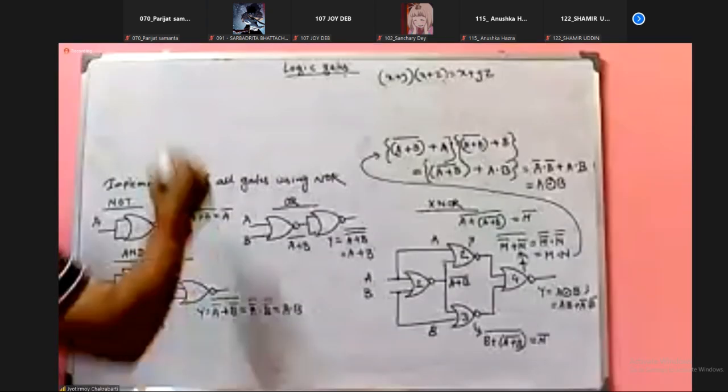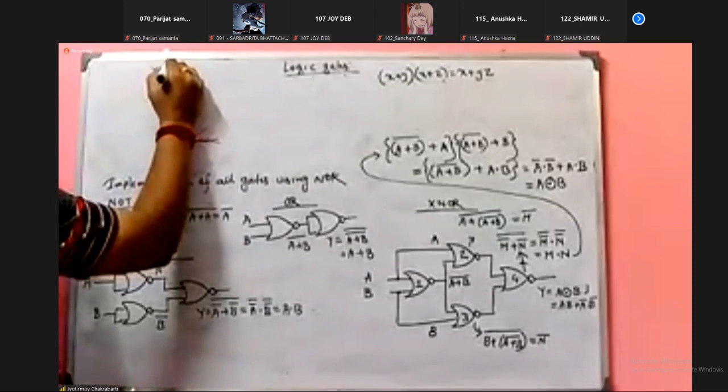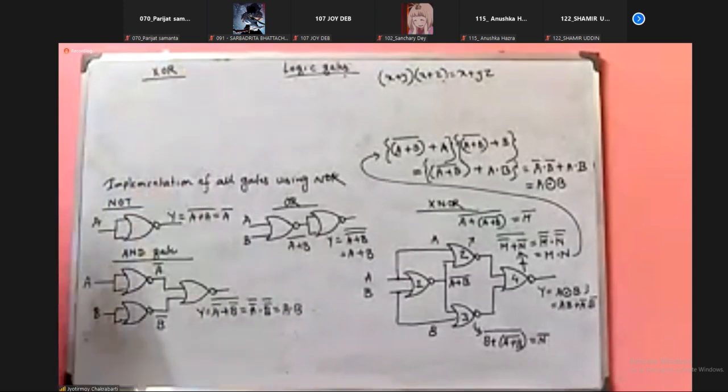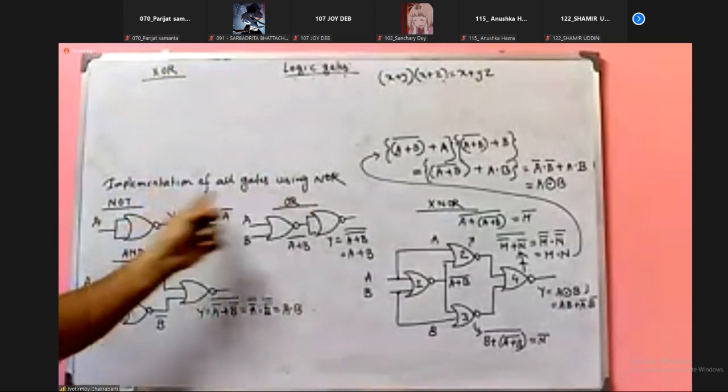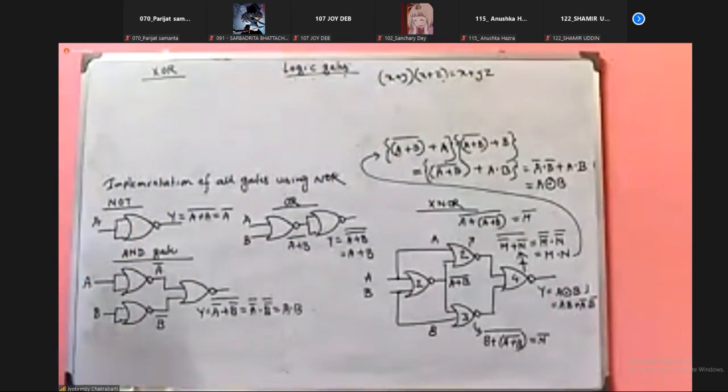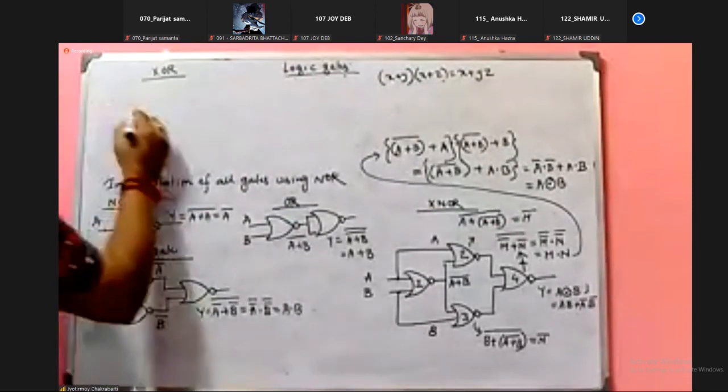So if we implement XOR using NOR, everything we are implementing using NOR. So what we will have?